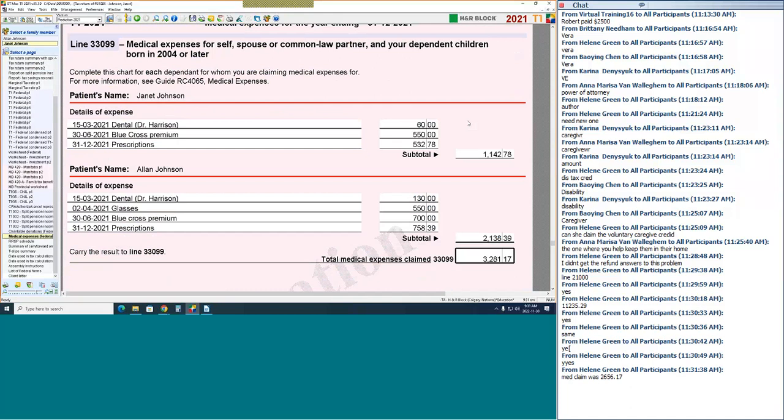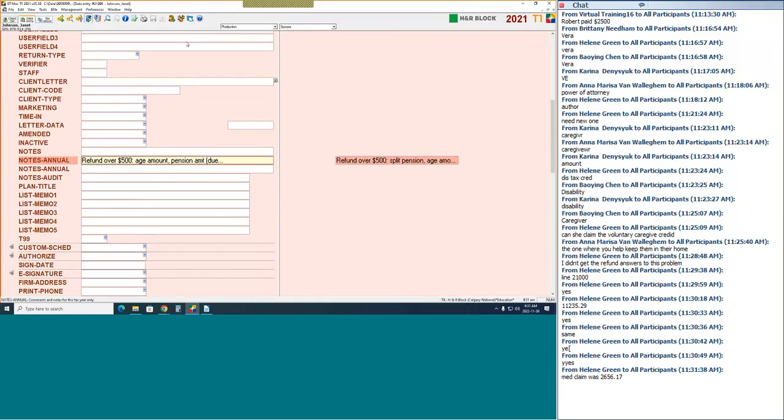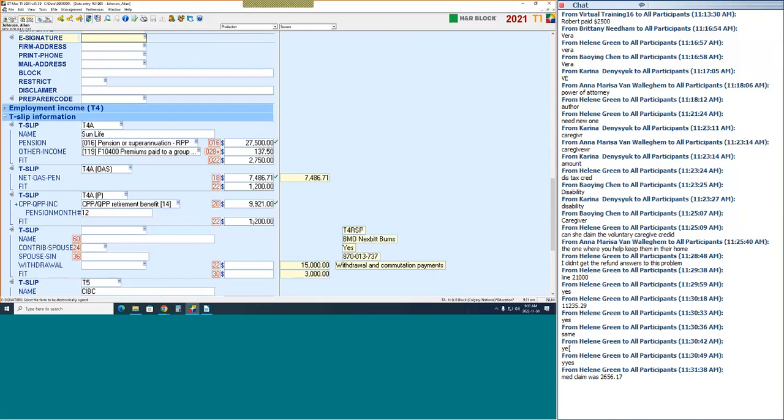265,617. So that might be the problem. If we go to your data entry for Alan and we take a look at other income, did you put box 118 or box 119? That's the first one I want to check.